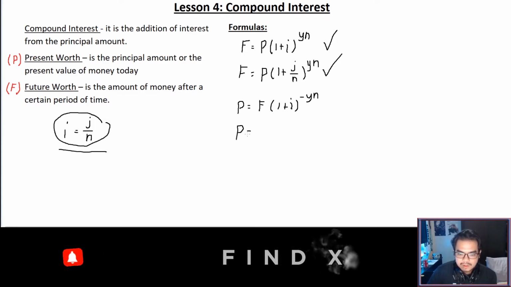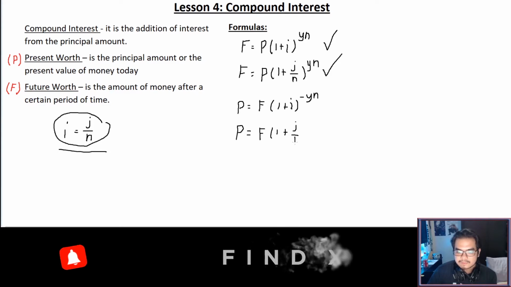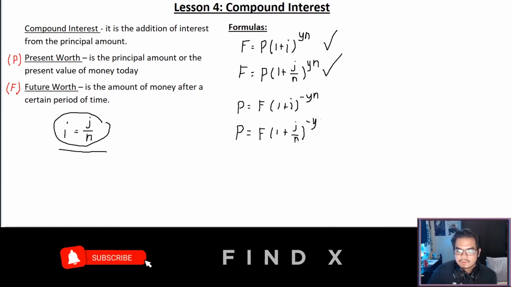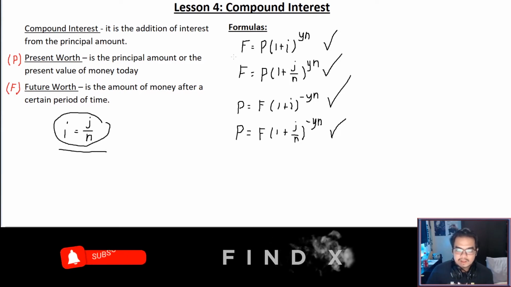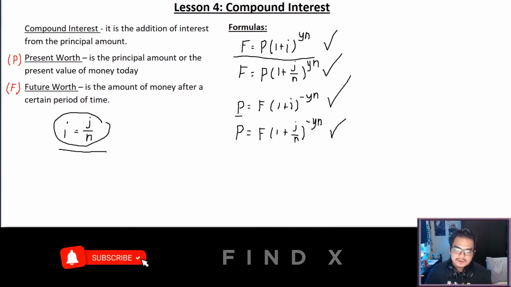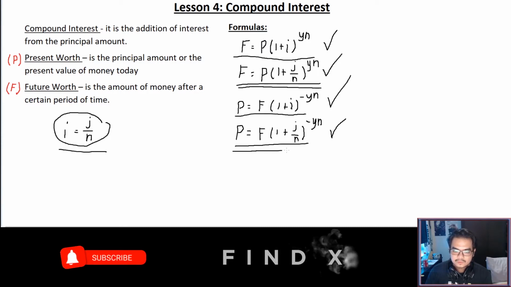If we substitute the value of i, we have 1 plus j over n raised to negative yn. These are very easy formulas. If the given is the interest rate, you can use these two, and if the given is the nominal rate of interest, you can use these two.